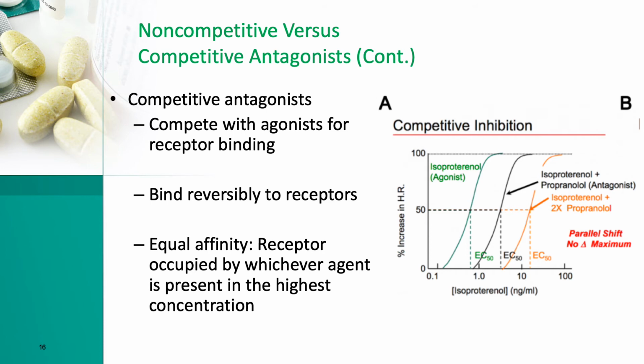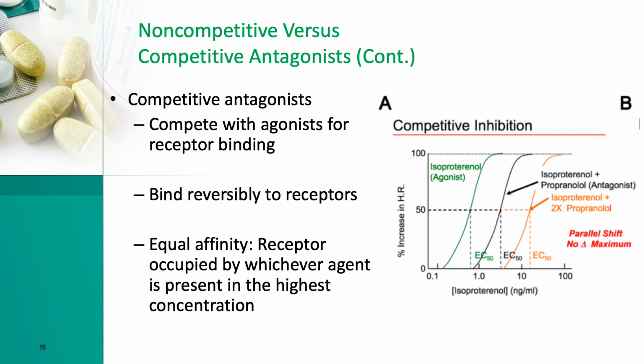Looking at the graph on the right, it is showing isoproterenol as the agonist and propranolol as the antagonist. The propranolol binds reversibly to the same receptor site as the agonist.